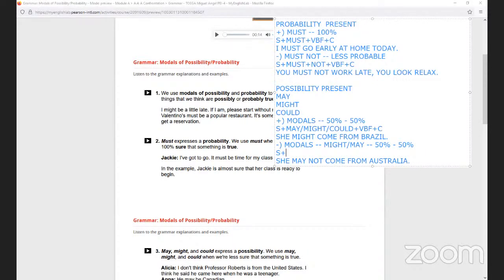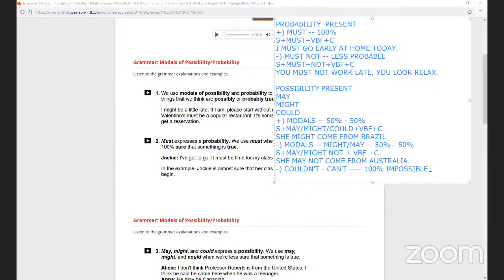So the structure is the subject, may or might, plus not, plus the verb in base form and the complement. May not and might not. But what happens with could? Can we make a negative? Yes, we can make a negative with couldn't, or can't in this case. But we use these two when we are really, 100% certain of something that could be impossible. So it couldn't be believable.